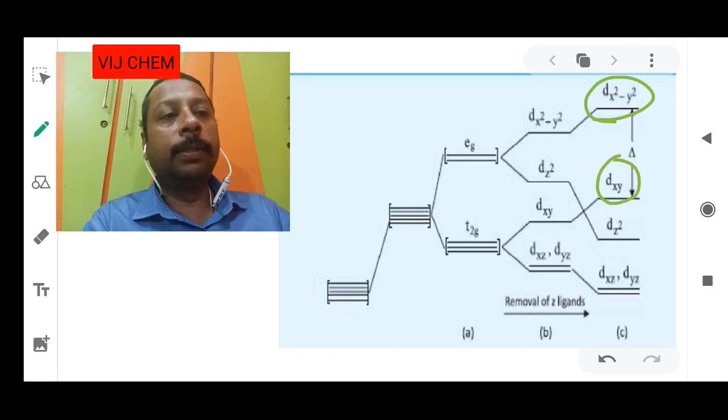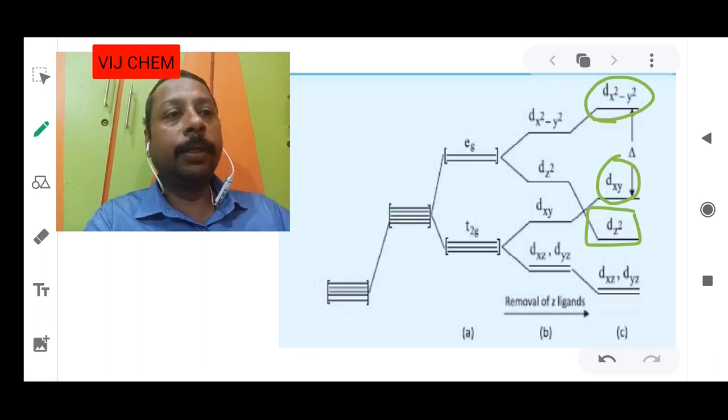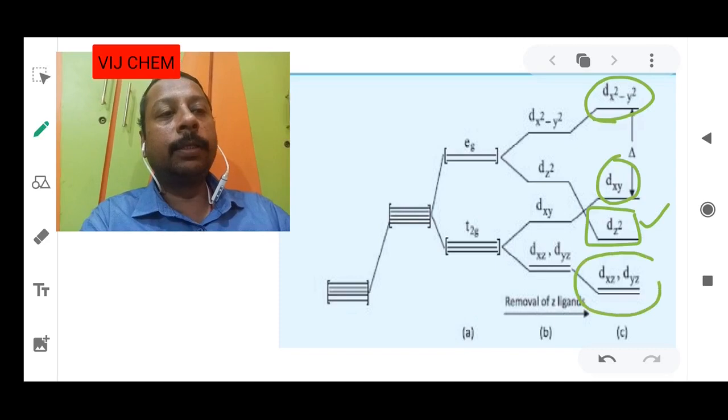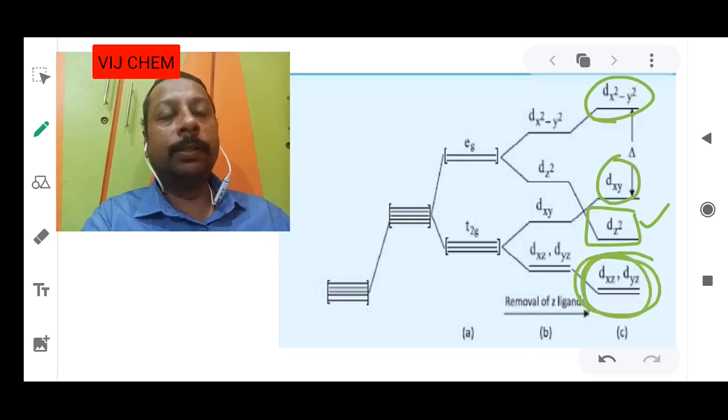But the problem is that in dz square, as I told you in the 3D animation, there is a honey loop in the x and y axis. Because of that this is a problem. And completely less problem is in the dxy, dyz. They are somewhere else and ligands are approaching from some other direction.